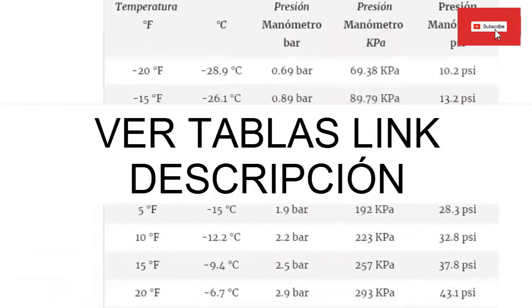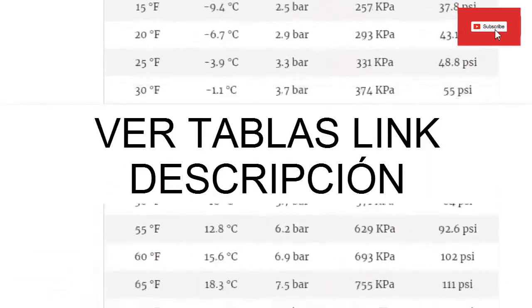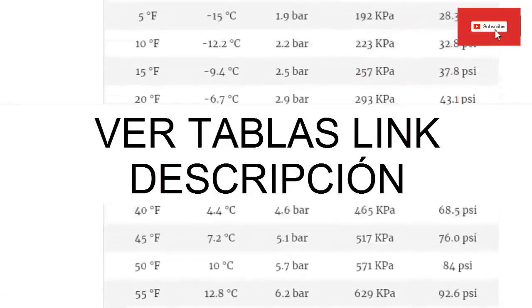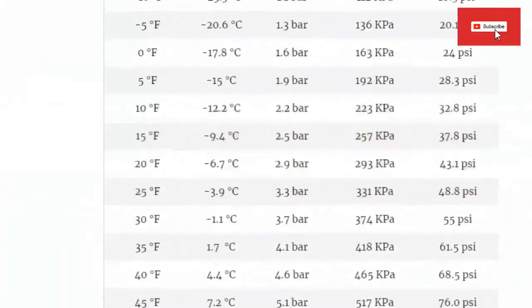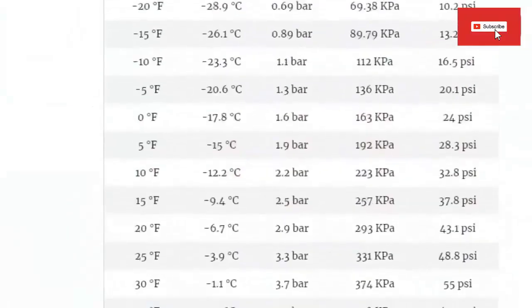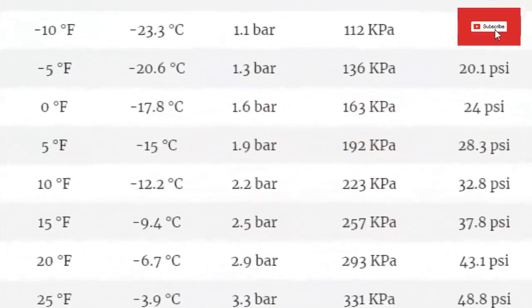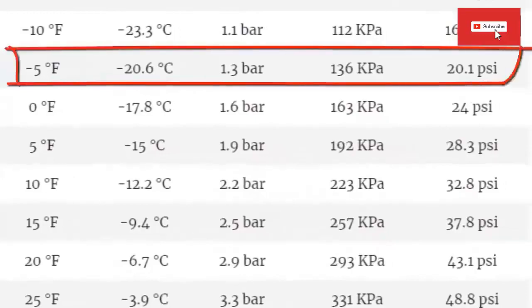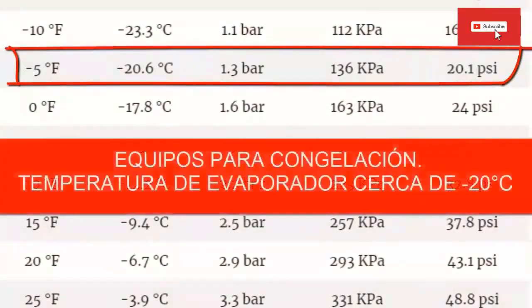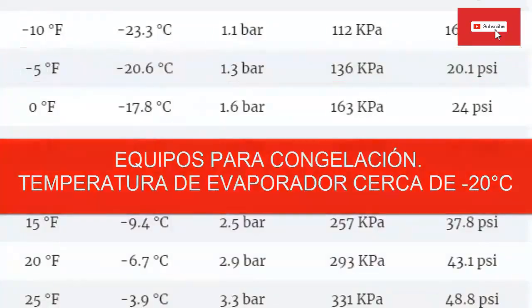1. Low temperature system, freezing to minus 20.5 degrees Celsius, approximately minus 5 degrees Fahrenheit. If we look in the table, to reach this temperature in the evaporator, we need that when the equipment is turned on, it marks a pressure on the low manometer of approximately 20.1 psi. This value is equivalent to 1.3 bars. 2.